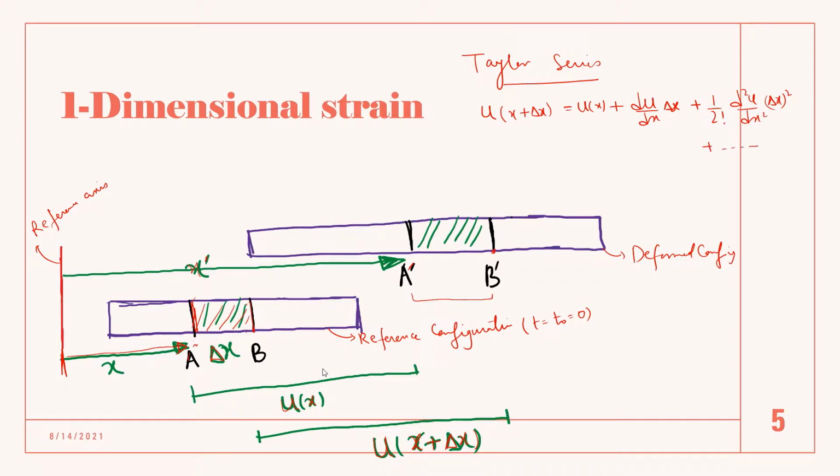So we will not consider the quadratic part, we will only terminate up to the linear portion, du by dx into delta x. So we will just consider this linear part. So this would be the u of x plus delta x.